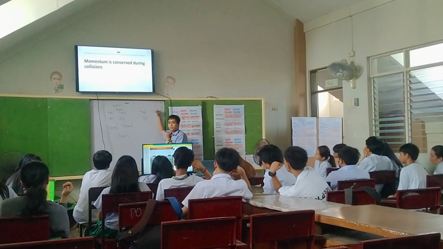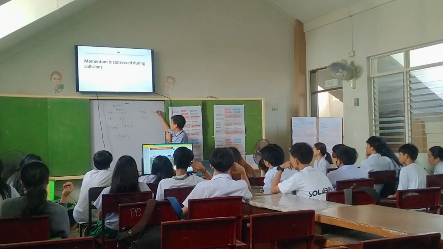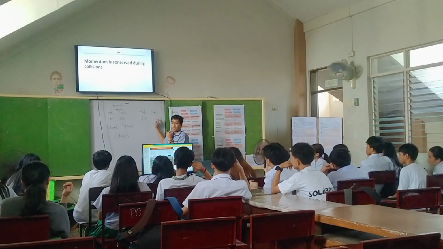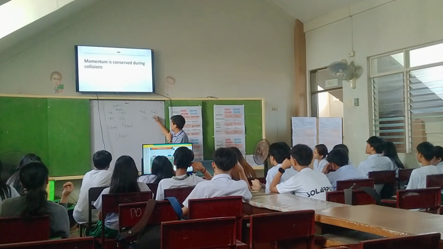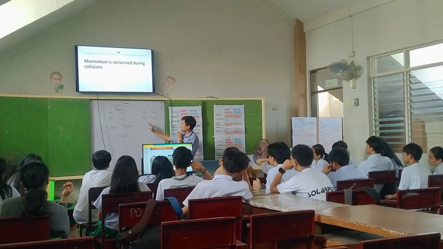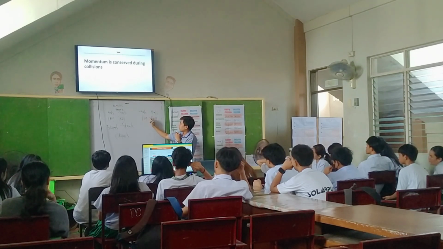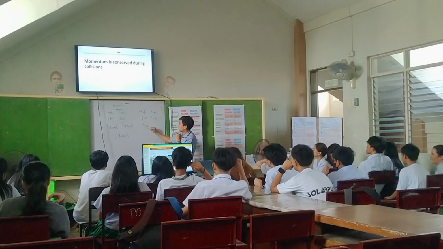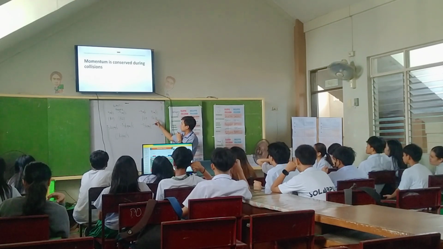the final velocity is positive 5 meters per second. And what is its mass? 1 kilogram. If we compute the momentum of the red car, negative 5 times 1 is still negative 5 kilogram meter per second.